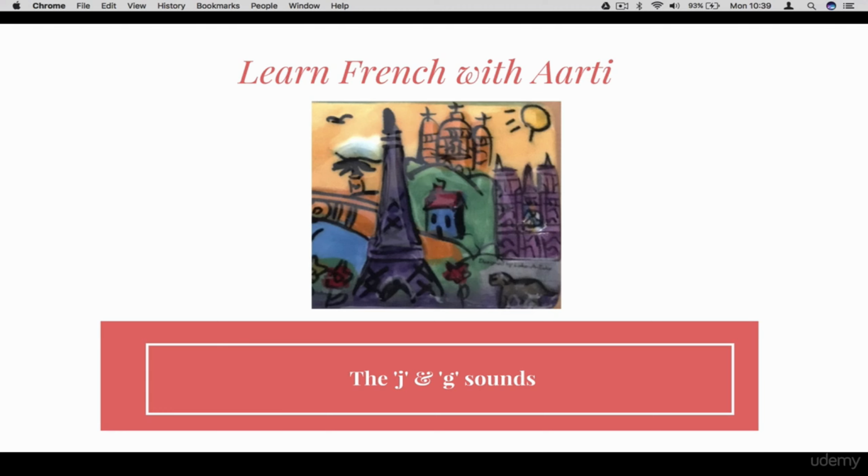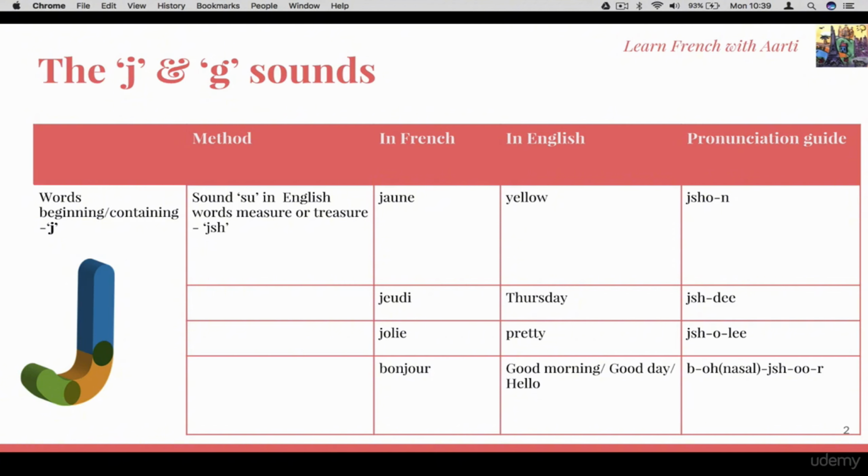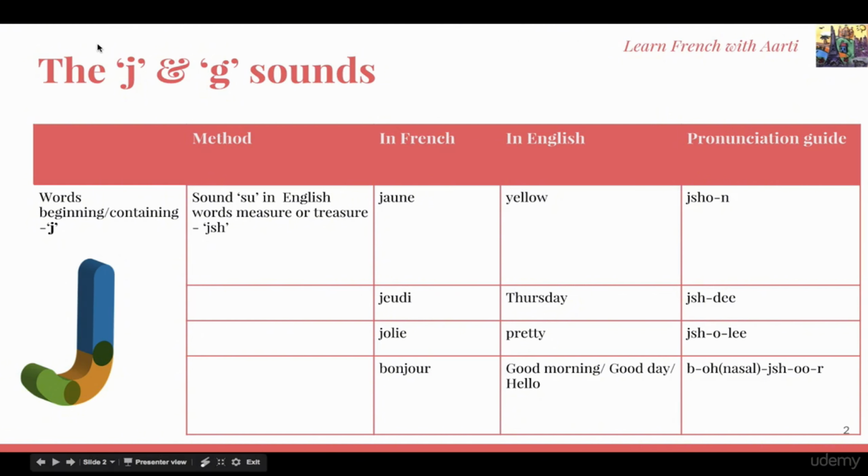Here are a few things you need to remember about the G and J in French. The French J is sounded je, like you hear in English words treasure, measure, Asia. J takes the j sound in words beginning or containing J. Like in these examples jaune, jeudi, joli, bonjour.